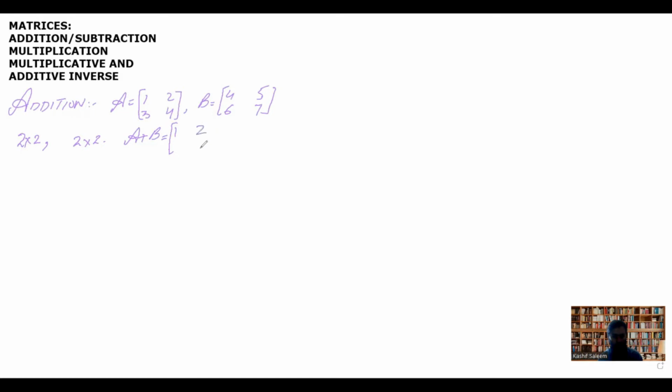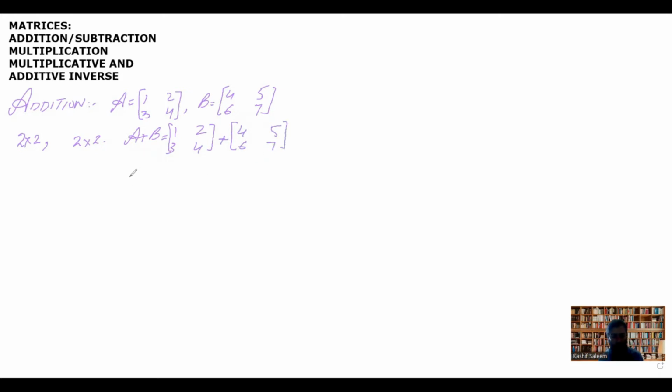This is 1, 2, 3, and 4, and you want to add this matrix to matrix B, which is 4, 5, 6, and 7.